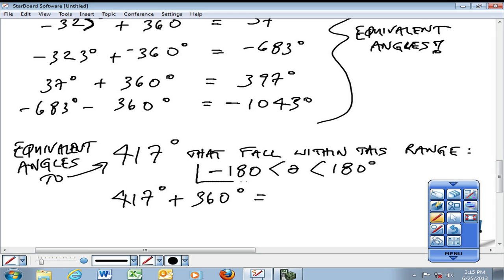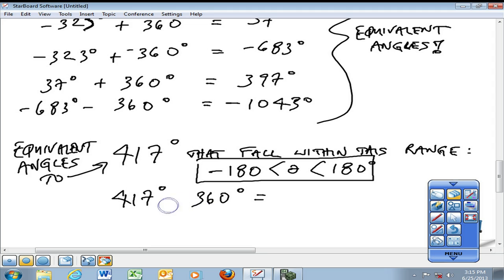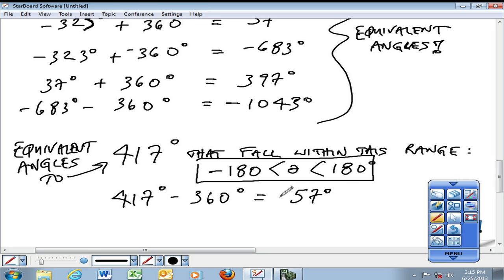This is your target, so stay here. Don't add another 360. Instead, subtract. So 417 minus 360, what do you get? I'll let you crank that out on your calculator. You'll see that's 57 degrees.